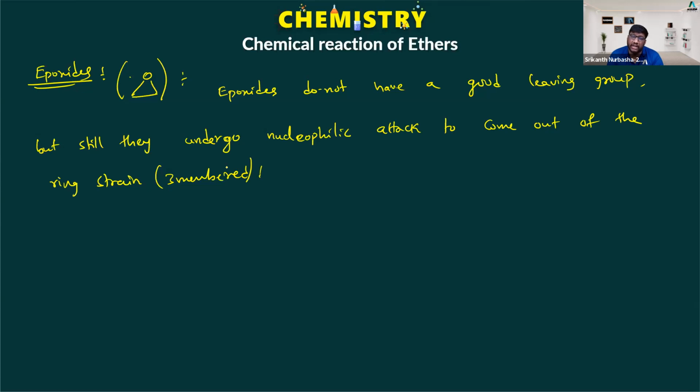So to come out of that three-membered ring strain, these epoxides will be readily attacked by nucleophiles.